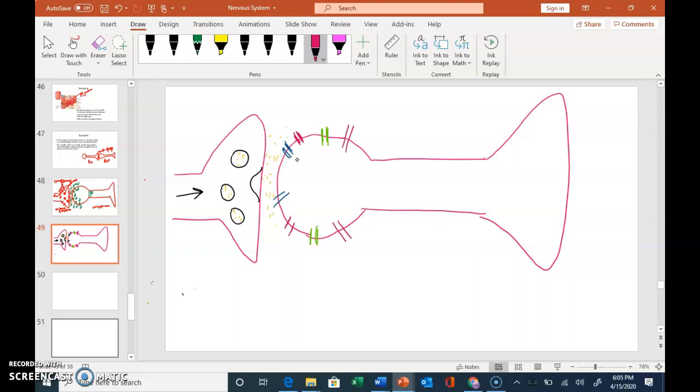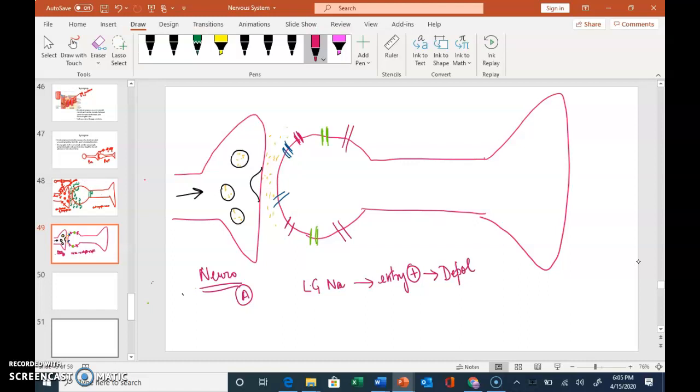So let's play this again. Depending on what neurotransmitter, let's say we have neurotransmitter A. If the neurotransmitter A can open up ligand-gated sodium channels, then there will be entry of positive charge that will cause the postsynaptic neuron to depolarize.